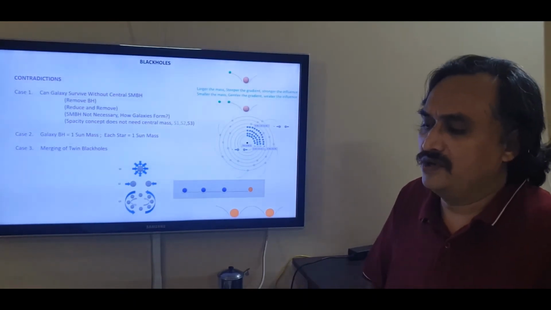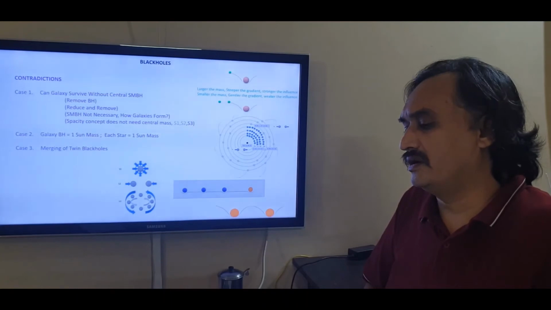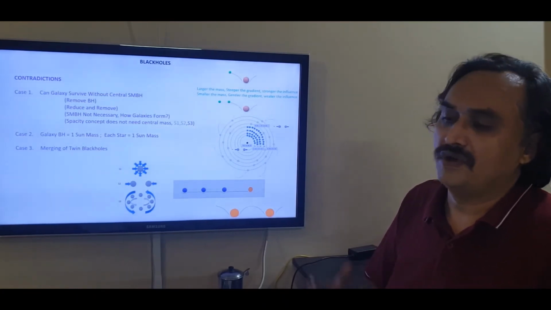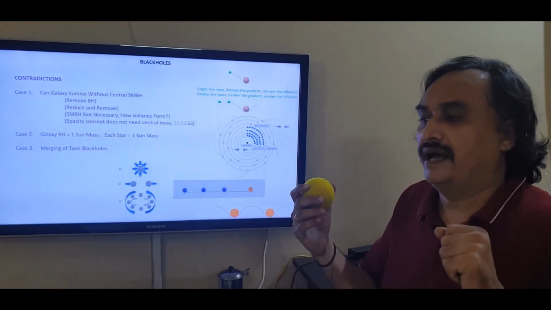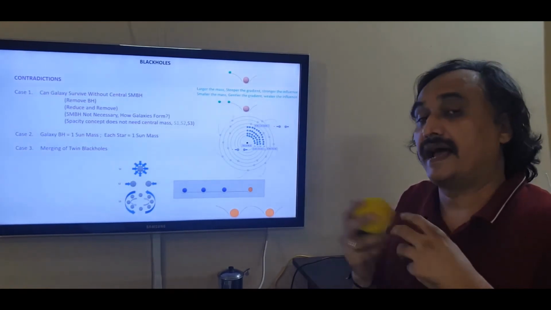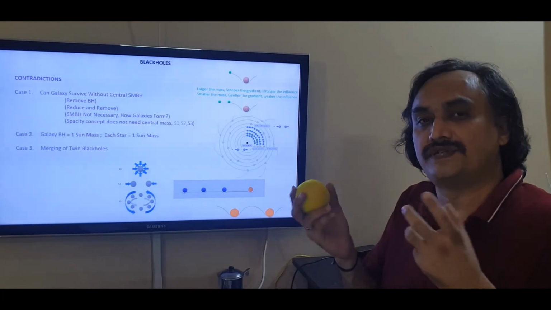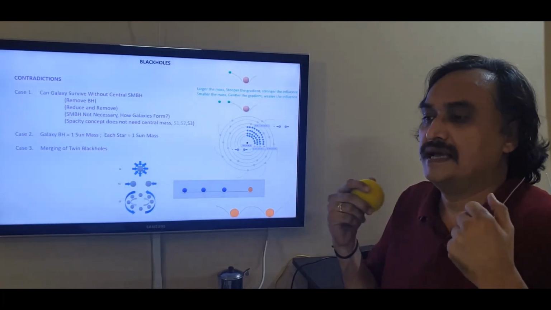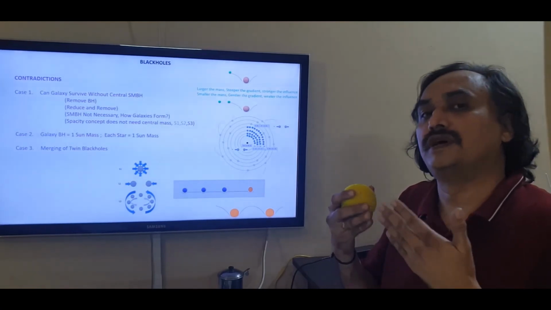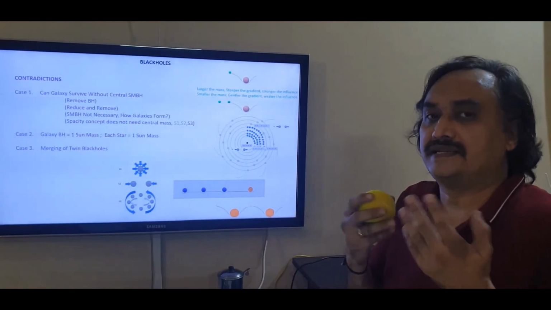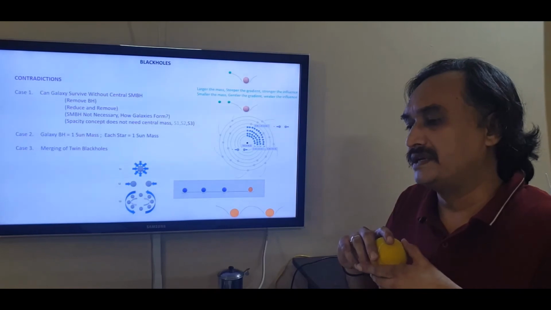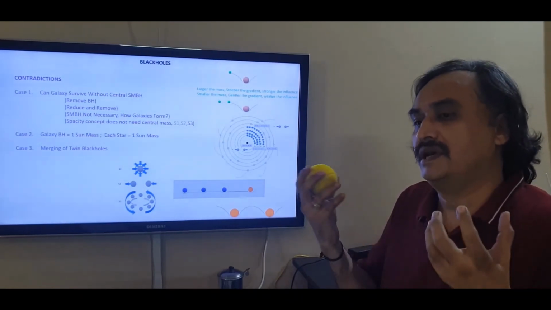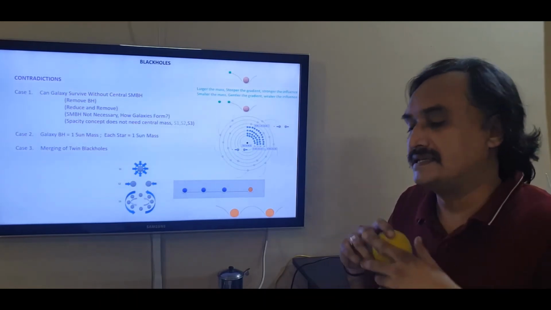To try and explain a bit more, Newtonianly or with Einstein's formula, you have two basic masses, and Newton says that there is a force of attraction, known as gravity, between the two masses, which is directly proportional to the two masses and inversely proportional to the square of the distance that separates them. So the bigger the mass, the stronger the influence, and the farther it is, the lesser the influence.